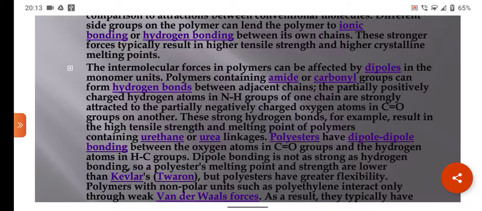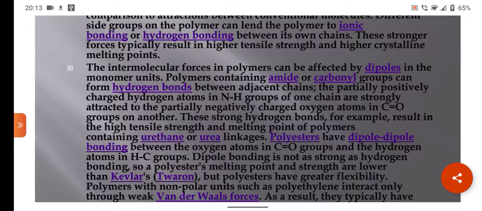Polyesters have dipole-dipole bonding between the oxygen atoms in C=O groups and the hydrogen atoms, but this bonding is weaker than the hydrogen bonding between N-H and C=O, so a polyester's melting point and strength are lower than Kevlar's or Twaron's.